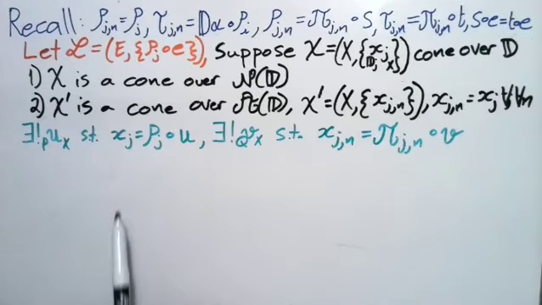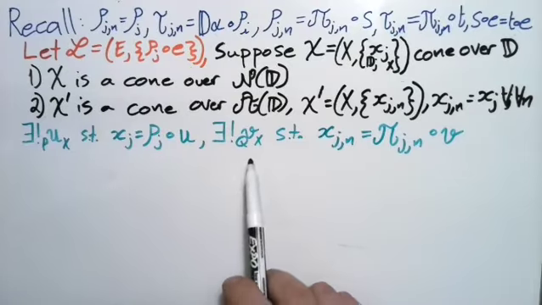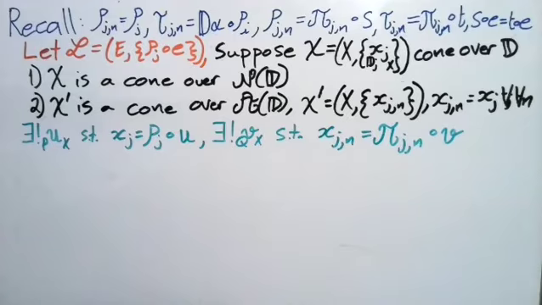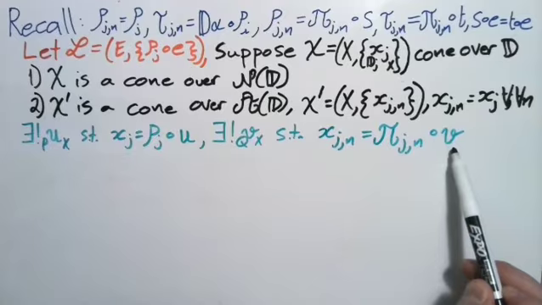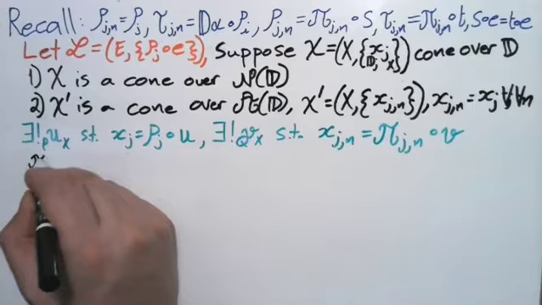U being the unique morphism that makes x of j equal to rho of j after u, and v being the one that makes xjn equal to pi jn after v. But actually, s after u and t after u both satisfy this equation as well. So let's see that.